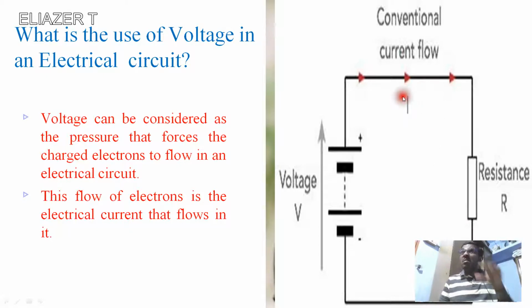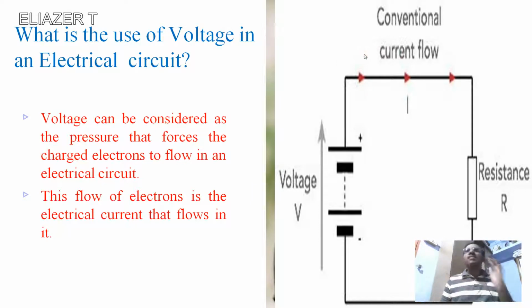The voltage gives the force to move the electrons from one point to another point, right? This is the essentiality of voltage. Without the voltage, there is no movement of charges, and if there is no movement of charges, no current flow is there. So we cannot have the current. That is the main usage of voltage.